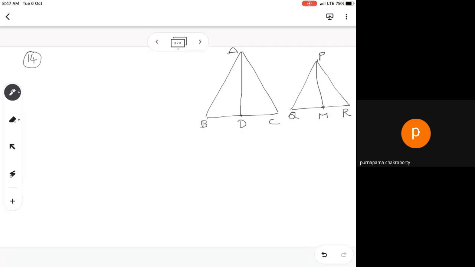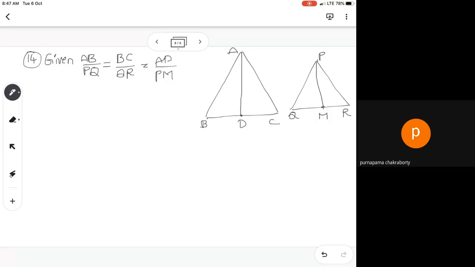Okay. So now what is given here: AB by PQ is equal to BC by QR is equal to AD by PM, and also D is the median.